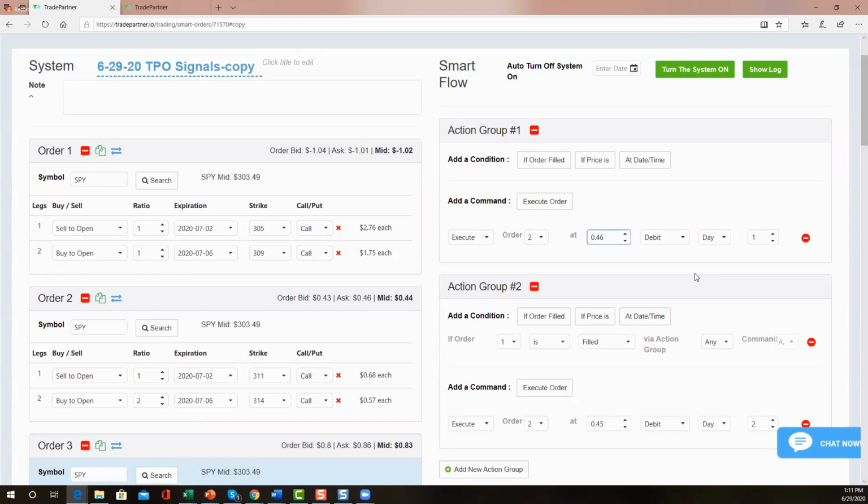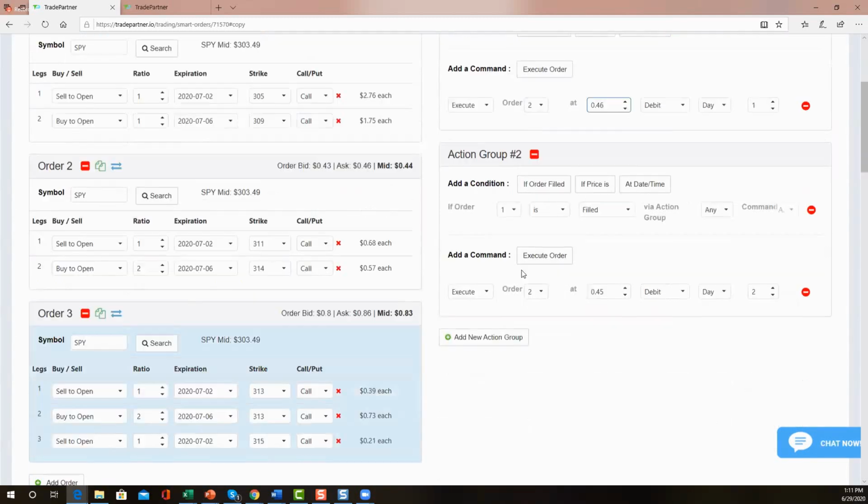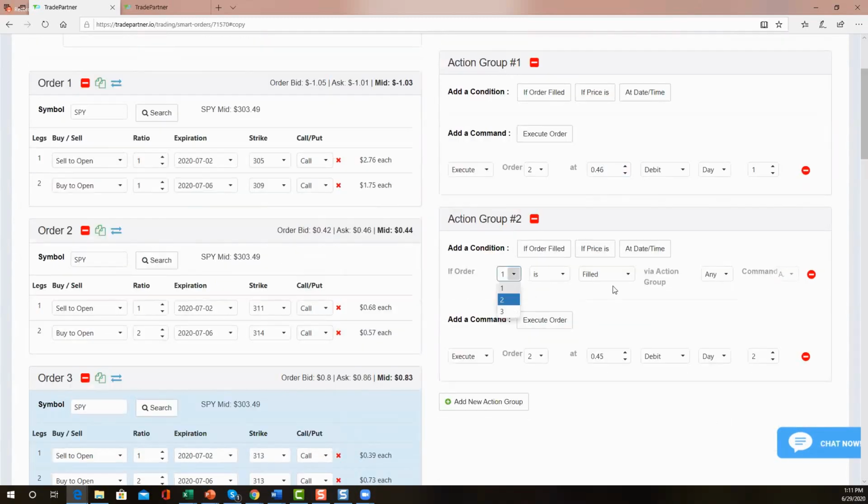And then I'm going to say if order number 2 is filled based on action group number 1, then I'm going to execute order 1 at a credit. And I want to say 1. That will give me a high probability of that getting filled.